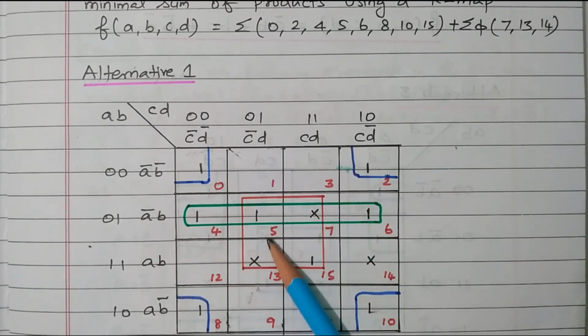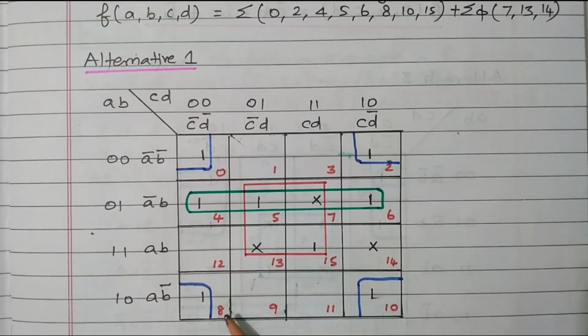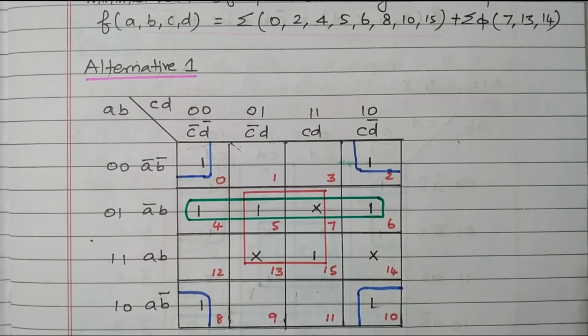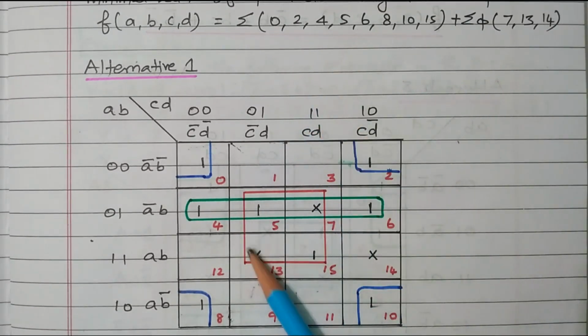Similarly 4, 5, 6, 7, then 8, 9, 10, 11, with an interchange between the third and fourth row also, then 12, 13, 14 and 15. These red color numbers are nothing but min terms, so we can directly mark the min terms in this K map.